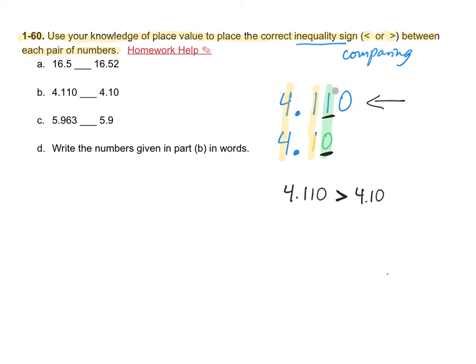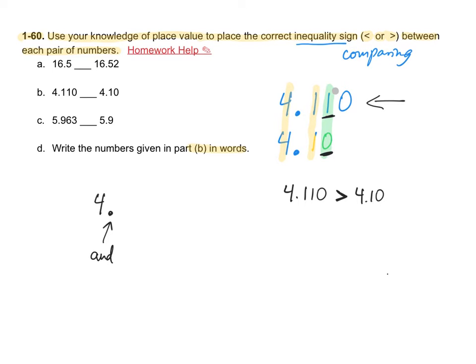So in letter D, we need to be writing the numbers just for problem B in words. So I'm going to record the number first of all, so I could say it out loud. I have 4 whole numbers, and when I see the decimal, I say and. So that's one way of saying it.